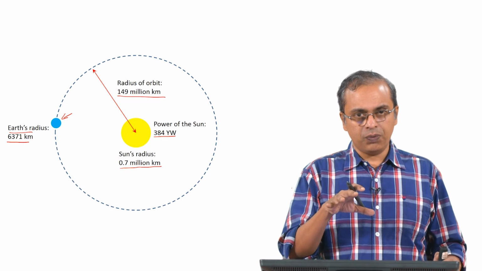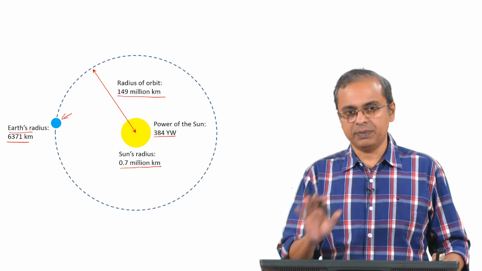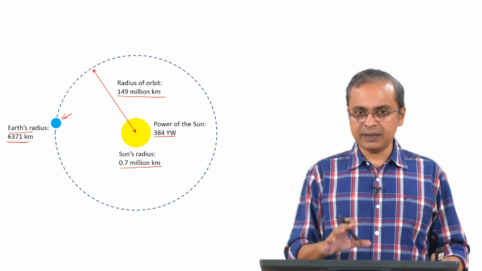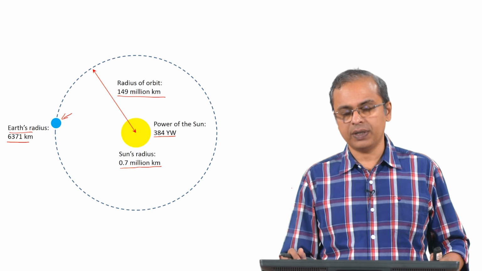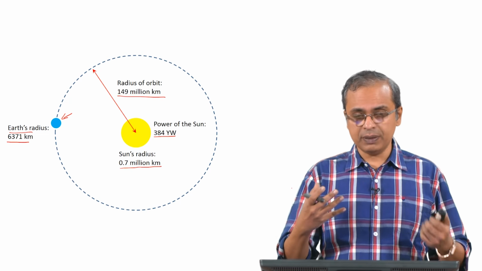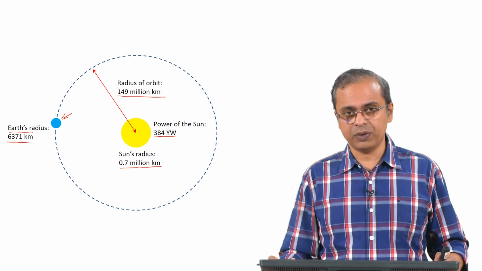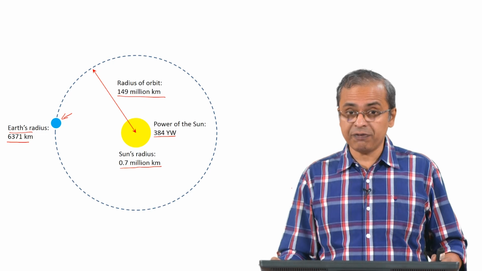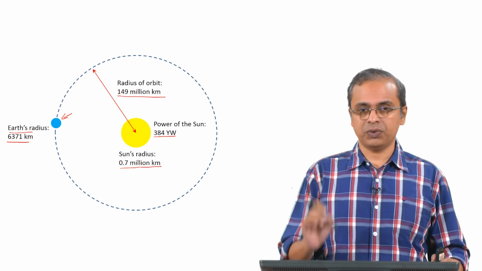Before I get into more details of this image, I will alert you to the fact that this sketch that I have put together here is not to scale. If it were to scale, we simply would not be able to see things in any reasonable manner on this screen, and that is something that you should keep in mind.